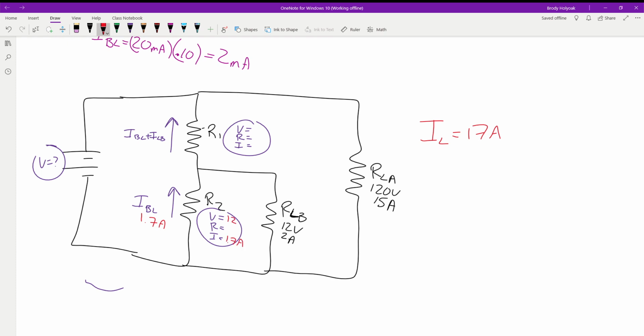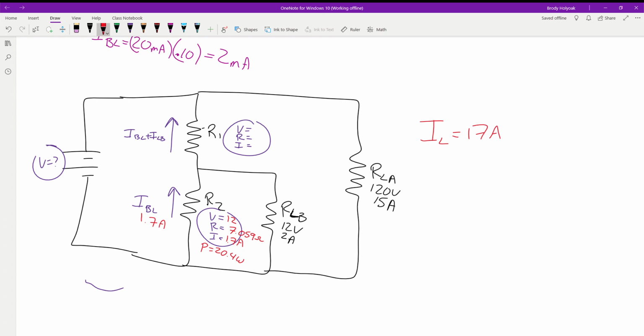What's the value for R2? 7.05 ohms. How much power? Nobody did. I'm just asking now. That's why. Well, it is 20.4 watts. There's a lot.